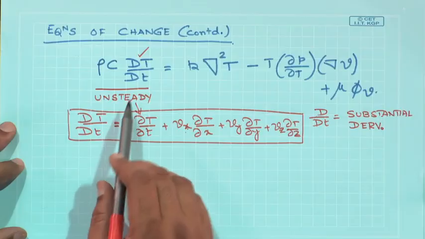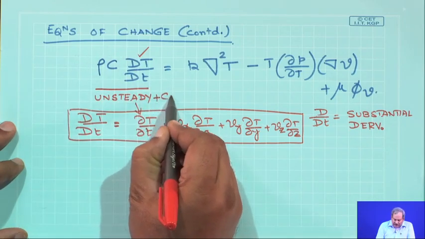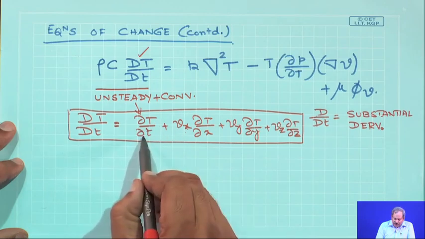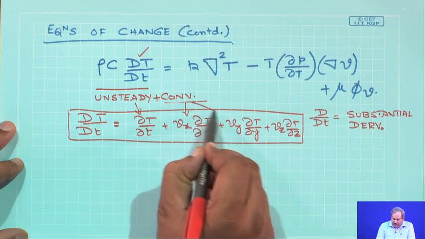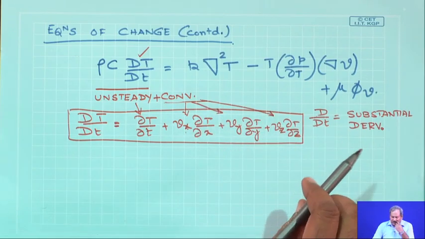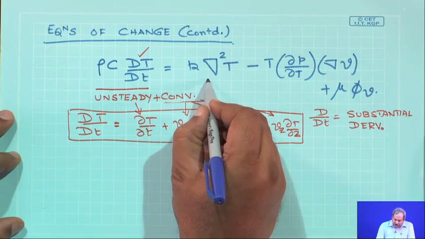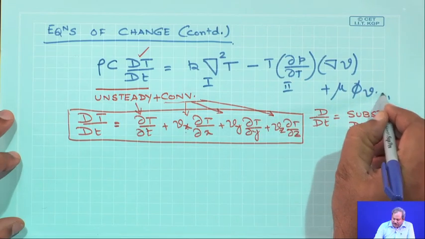Therefore, this whole term is unsteady plus convection, where this term is due to the unsteady behavior of the system and the convection is represented by these three terms. Now, what is the first term over here? I will call it second, and this is the third term.